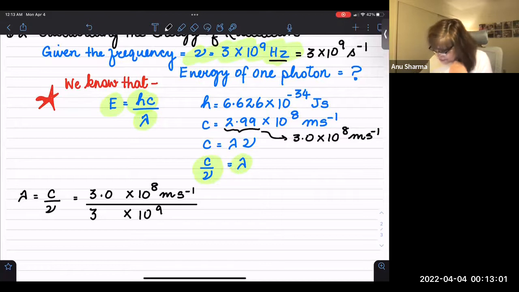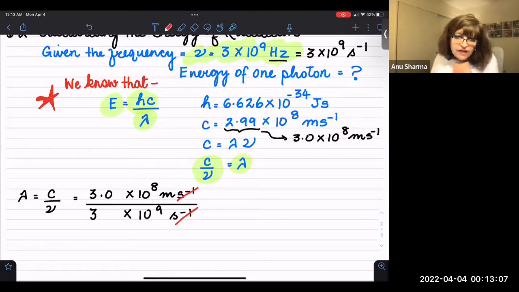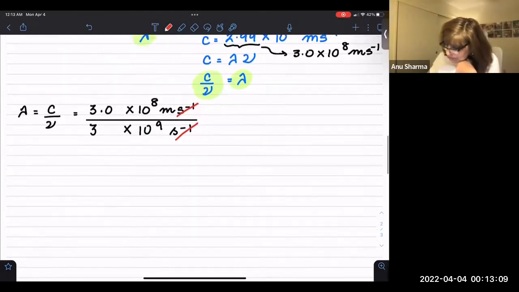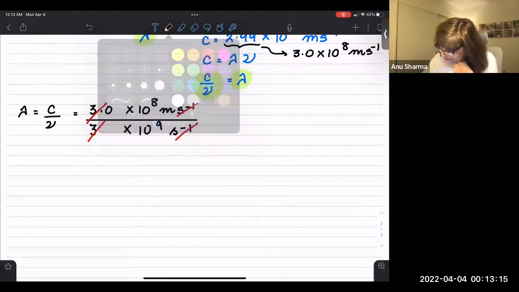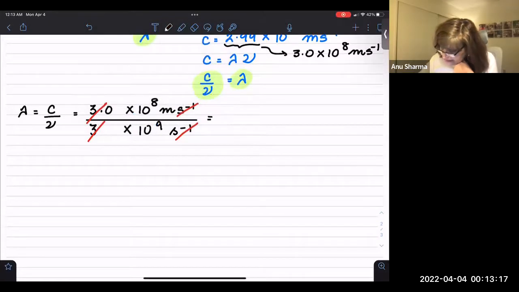So the seconds inverse and seconds inverse cancel out. You are also canceling out the 3 and the 3. And once we finish this, we get 1.0 into 10 to the power -1 meters.